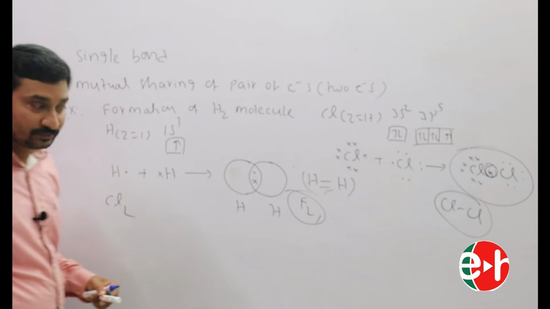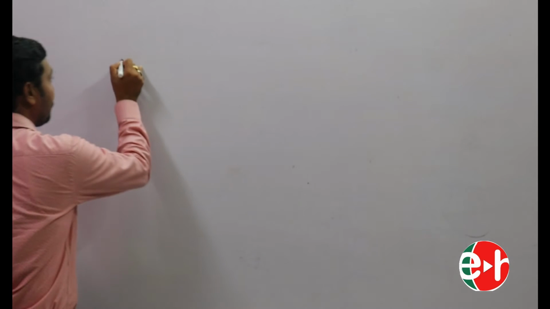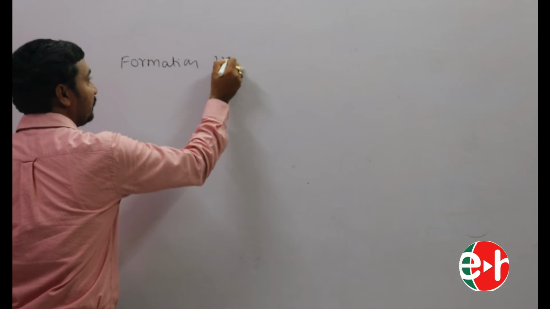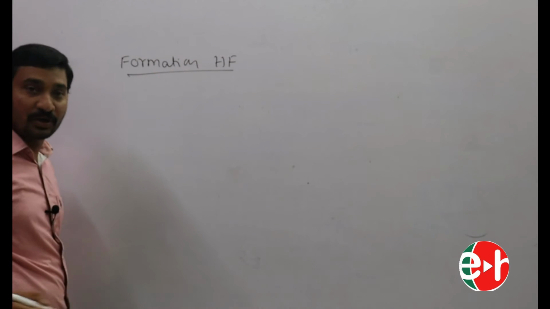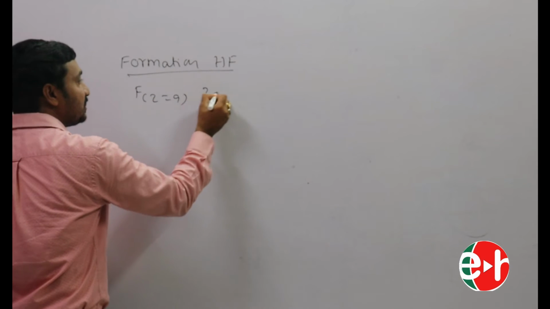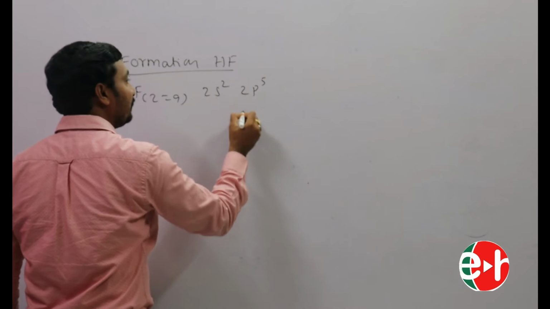Next, formation of HF molecule. We know fluorine atomic number Z equals 9, valence shell configuration 2s2 2p5.